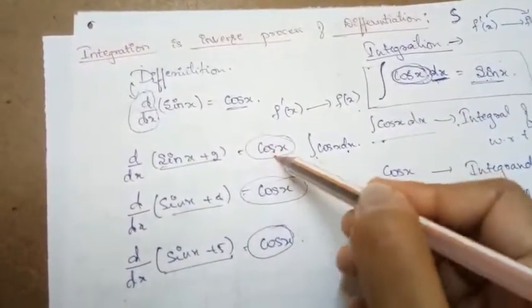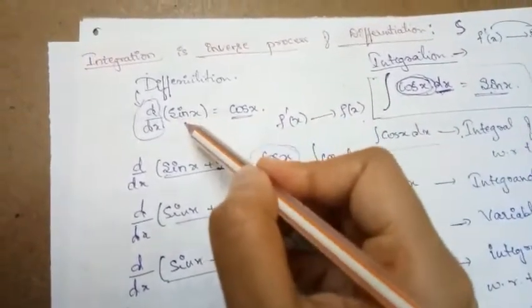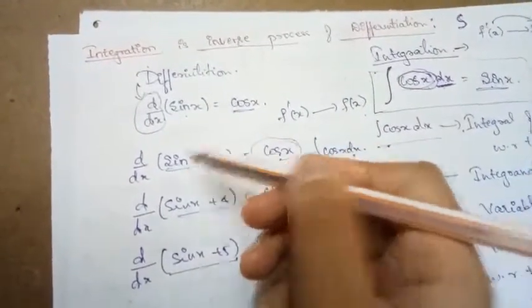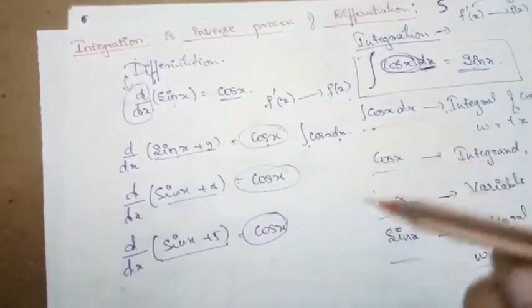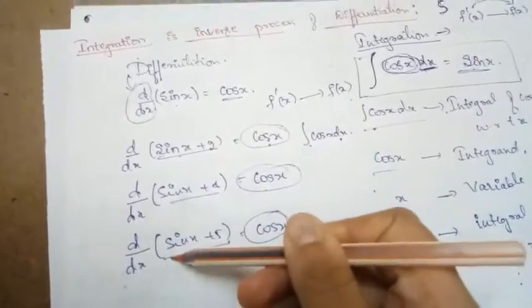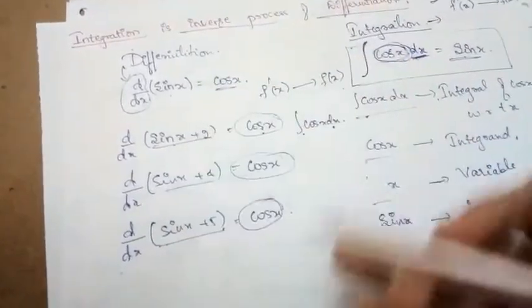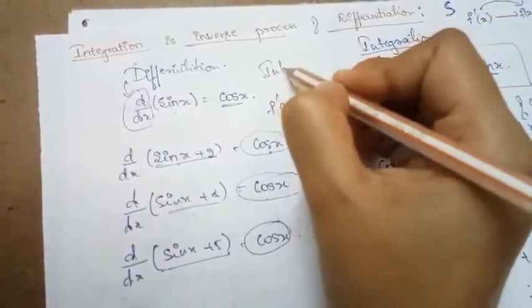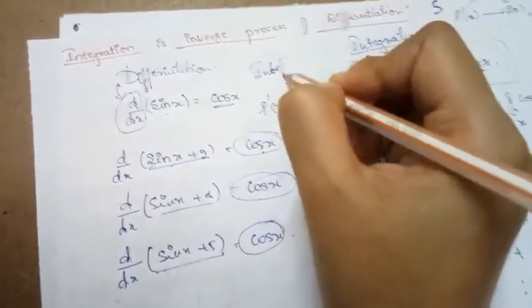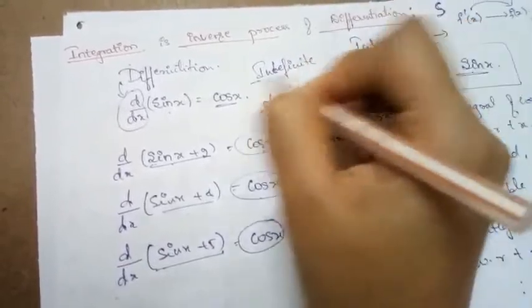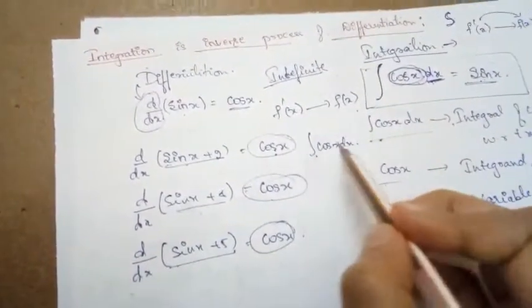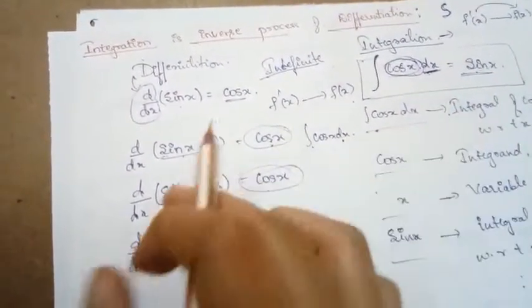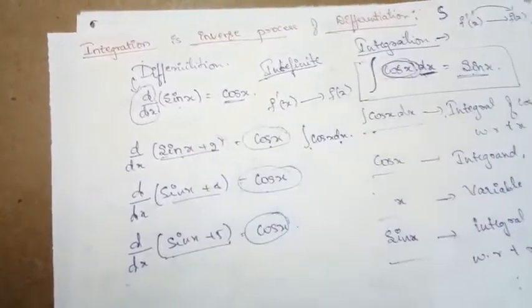This cos x might be equal to either sin x, or sin x plus 2, or sin x plus 4, or sin x plus 5. So we can't interpret it. That's why it is named the indefinite integral, because we cannot interpret the integration of cos x to which value it is equal when some constant is given.